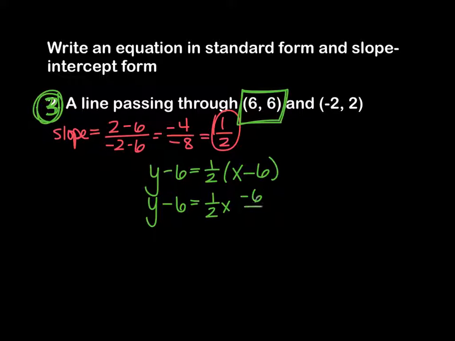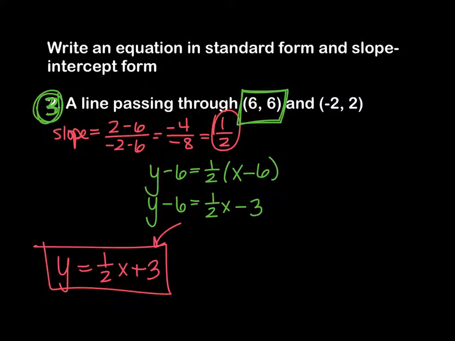That's either -6/2, or hopefully you know half of 6 is 3, so -3. All right, so we're going to do slope-intercept first. To do that, I'm going to add 6 to both sides, which is going to give me y equals 1/2 x plus 3, because I did -3 plus 6. All right, there's my slope-intercept form.